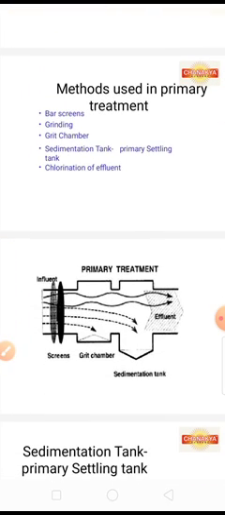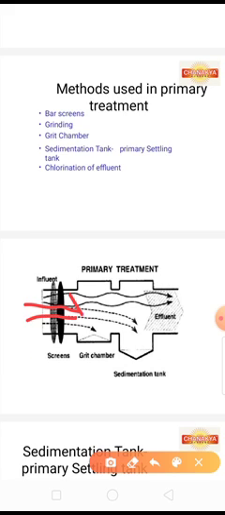You can see here, in primary treatment, the water comes from one end into the chambers, where there is a grit chamber. Then a sedimentation tank, and everything moves from the primary treatment towards the secondary treatment.